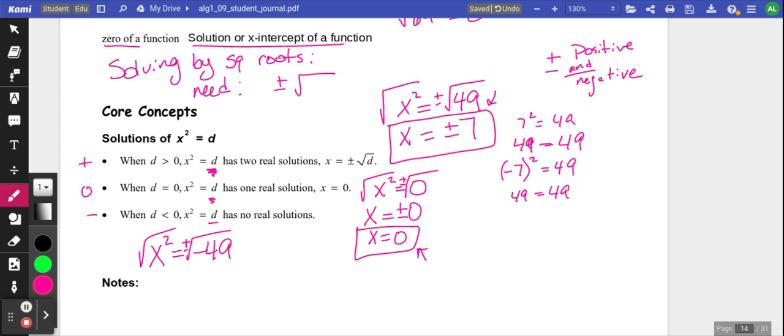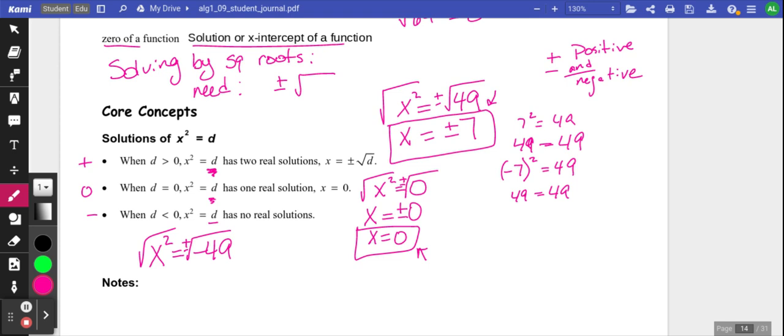It's not negative 7, because negative 7 times negative 7 is still positive 49. And I can't do positive 7 and negative 7 because those aren't the same value. We don't have a number where I can multiply it by itself and end up with a negative number.